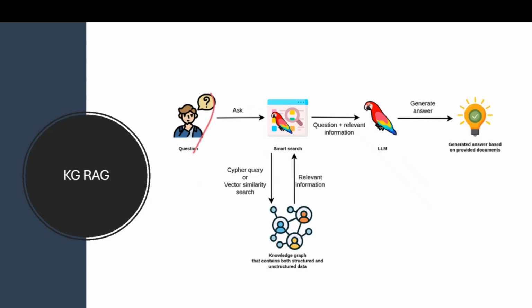Okay. So the question is asked to smart search, then smart search will go to the knowledge graph structure, as earlier it was doing context from the database and retrieval, similarity search, right? So those things will happen here, and then based on similarity search, it will fetch the relevant information. Since it is a knowledge graph, it will fetch this information: this is Harry Potter and his father, so this is the connection.